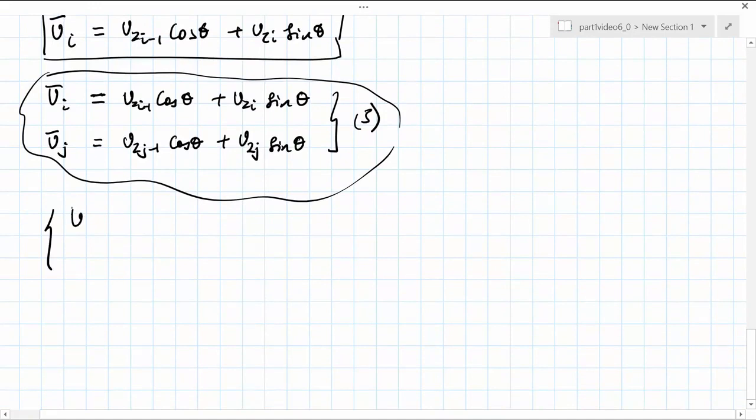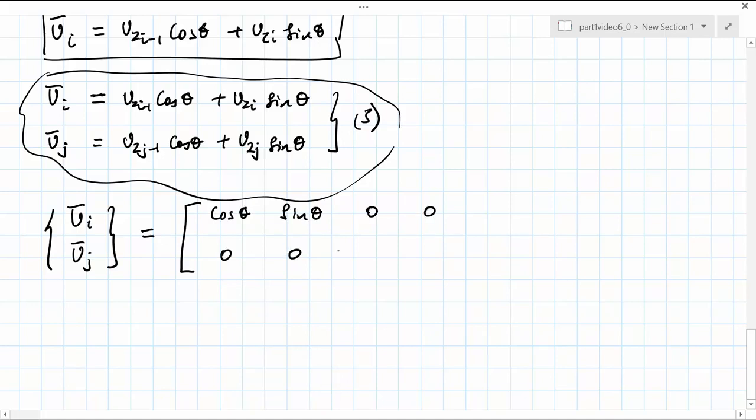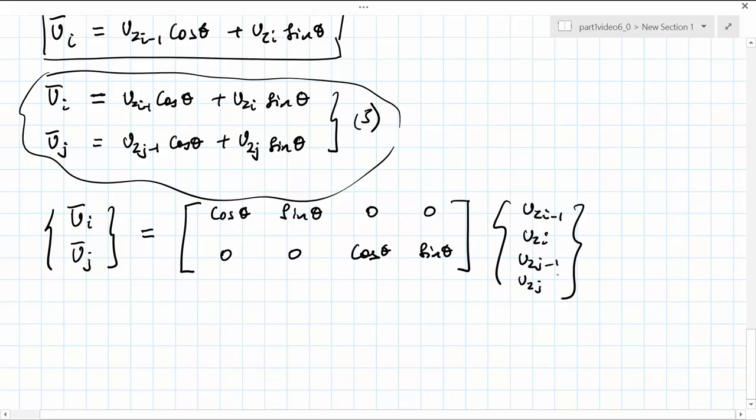So we have a column vector of u bar i and u bar j, and this is equal to a matrix of coefficients cosine theta, sine theta, 0, 0, and 0, 0, cosine theta, sine theta, times by a vector containing u2i minus 1, u2i, u2j minus 1, and u2j.